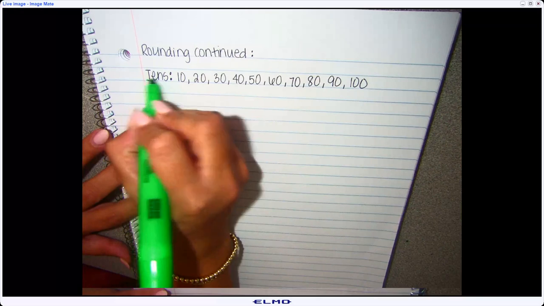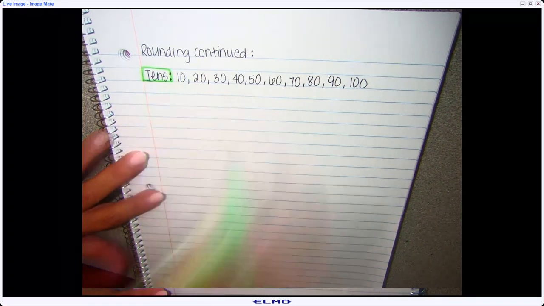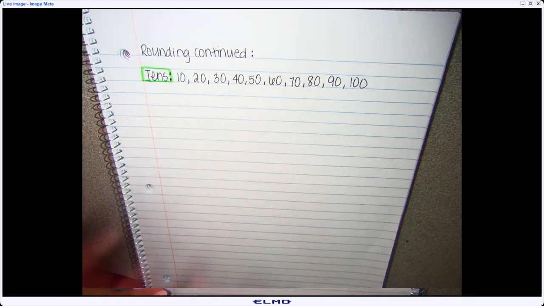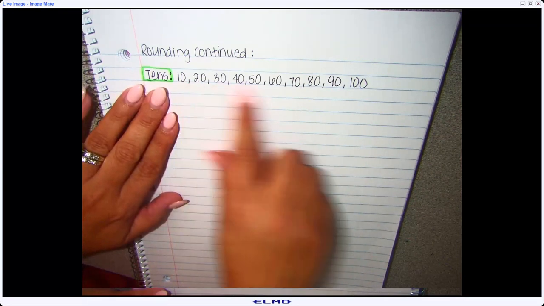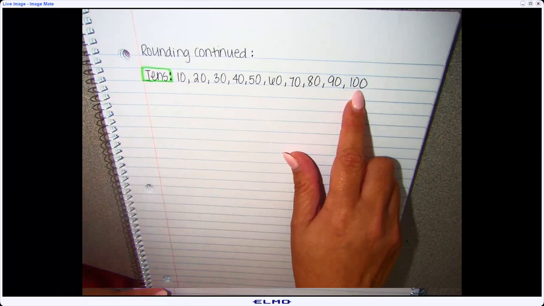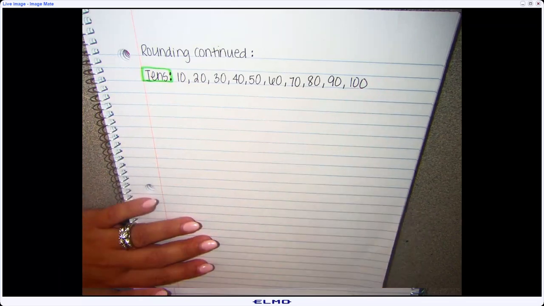These are not all the numbers that exist, right? So if I needed to round to the nearest tens place, my answer would have to finish in one of these, or I would have to regroup and move up to the next place value, which in this case is 100.